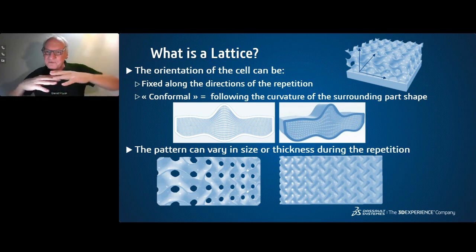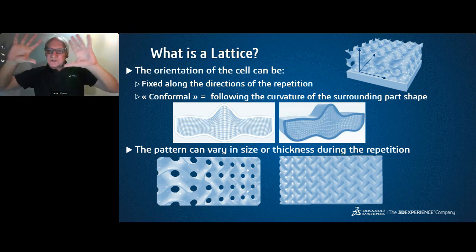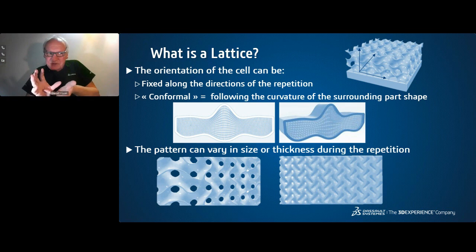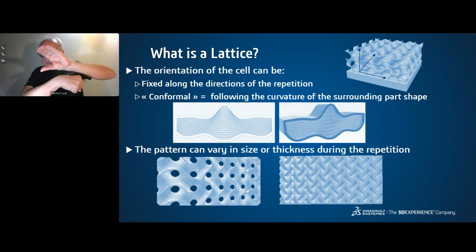But sometimes you would like to follow the outer shape of your product. It's what we see here in the middle of the screen. It's called conformal lattice. So the lattice structure is following the shape of the outer boundary, okay?